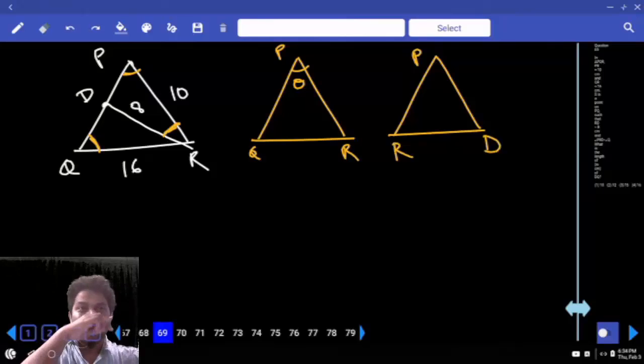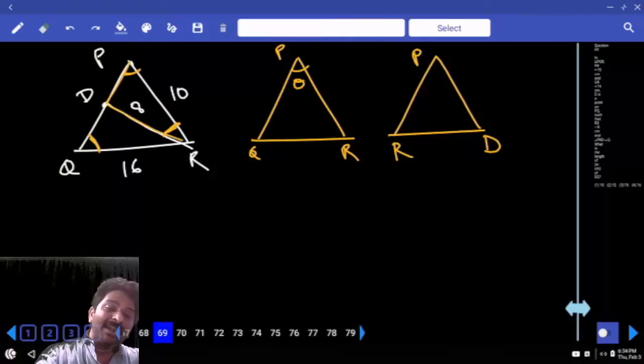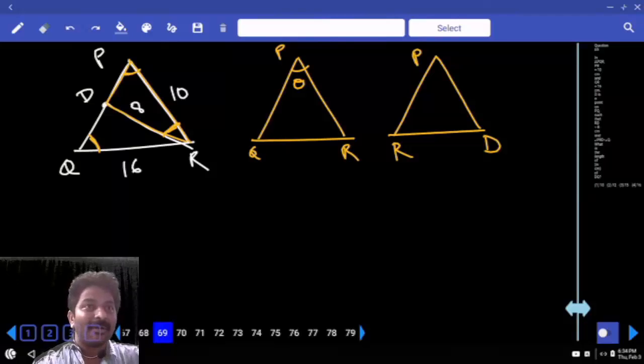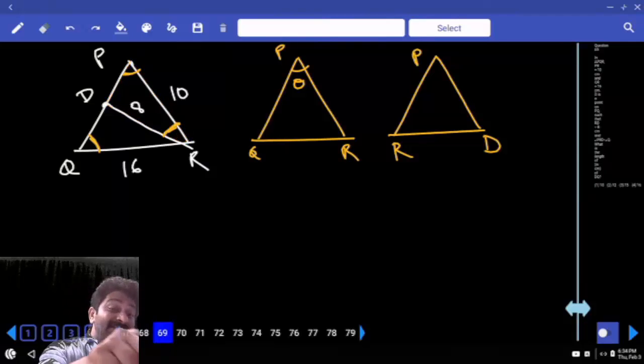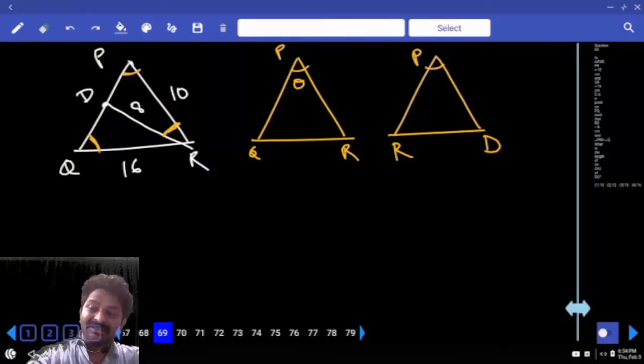PRD. Even for the triangle PRD, angle at P is constant, right? This is also equal to theta. Angle at Q and, for triangle PRD, angle at R, both are again the same.